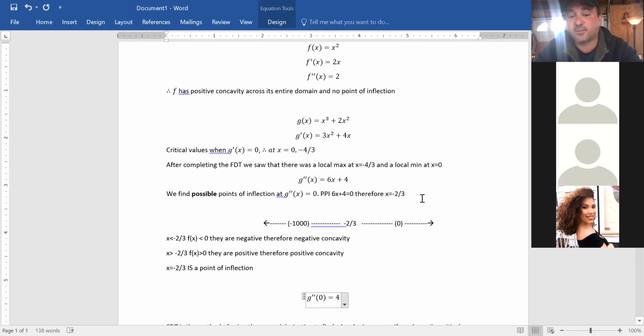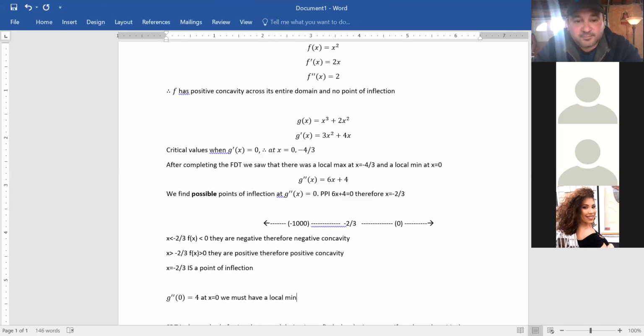That's a positive number. Therefore, since it's positive, at x equals 0, we must have a local min. And what did our earlier work say here?